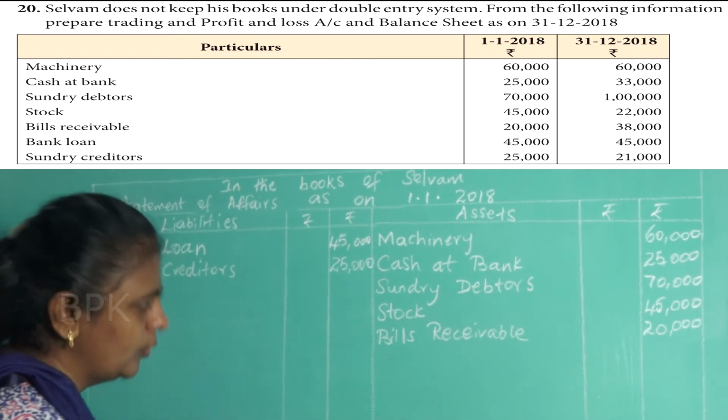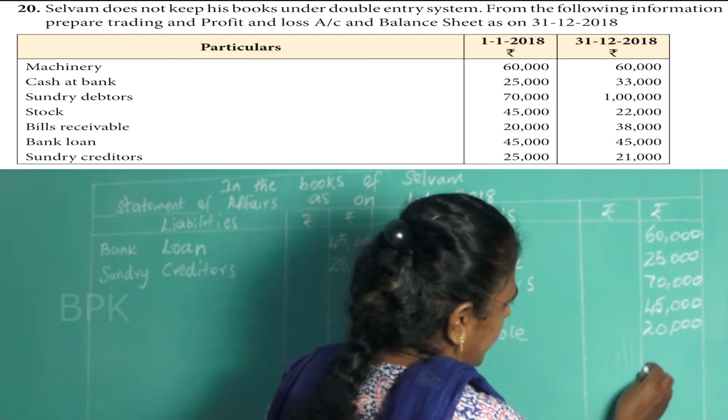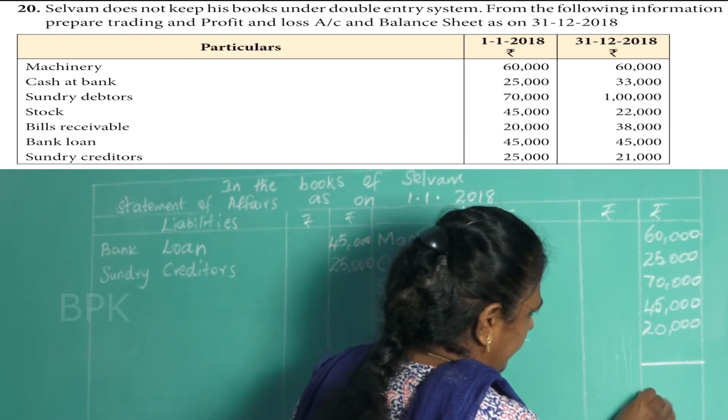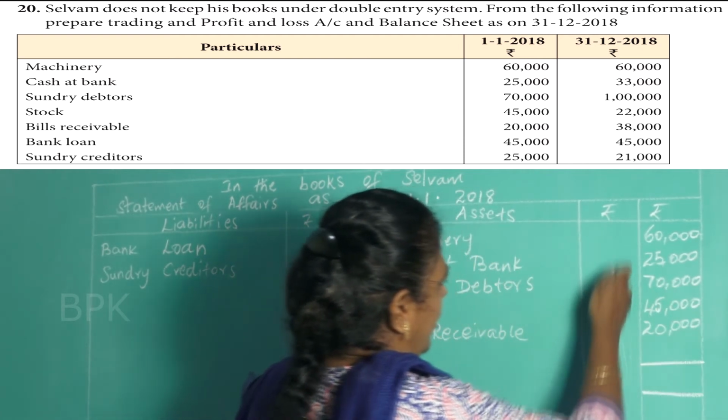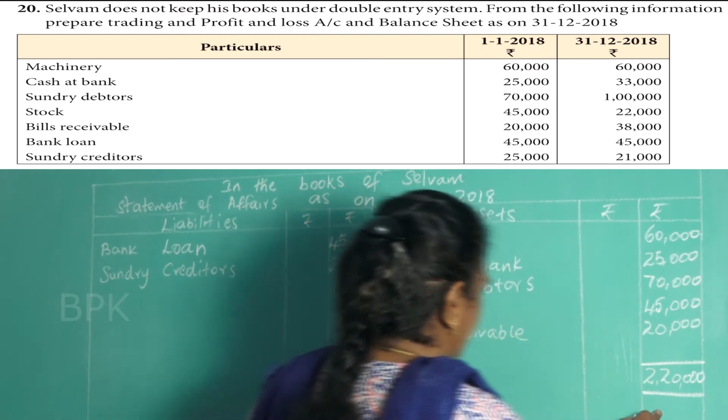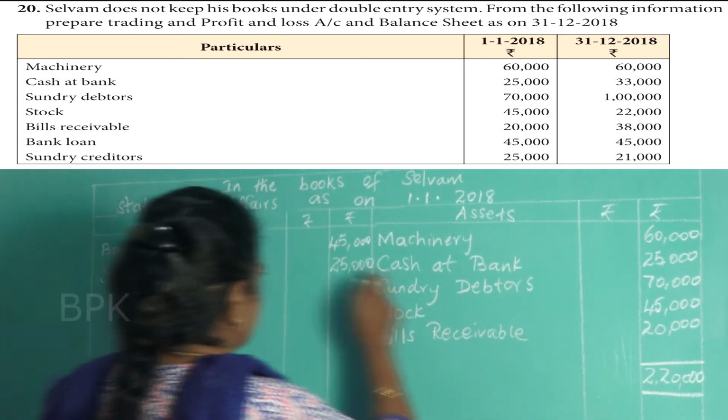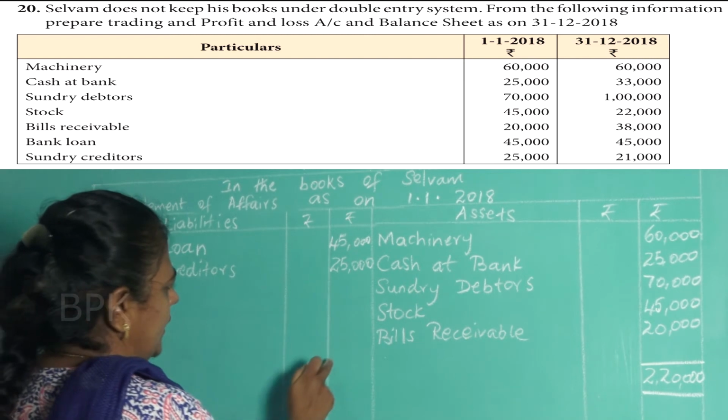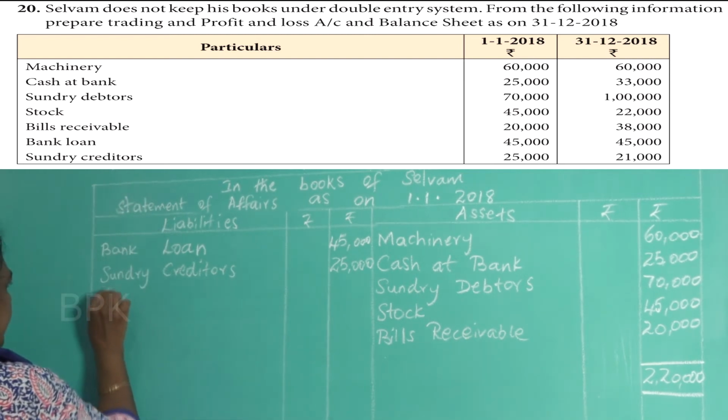Okay. Now put the total of the asset side. Add all the assets. Total 2,20,000. Now assets minus liabilities will give you your opening capital.